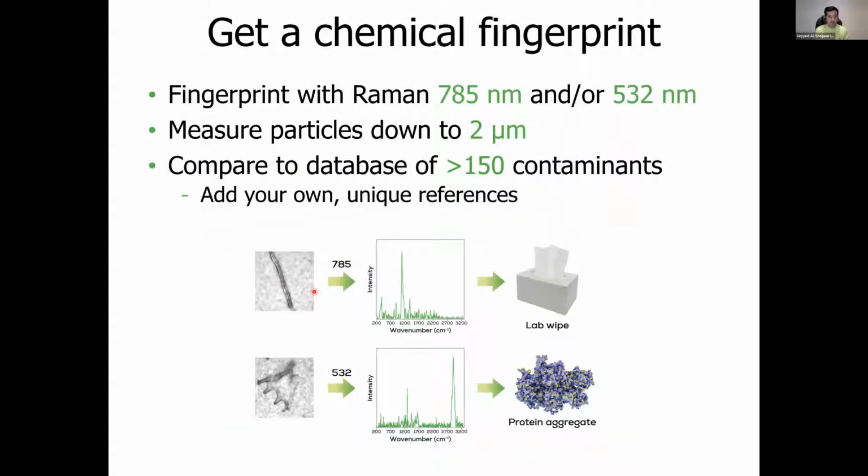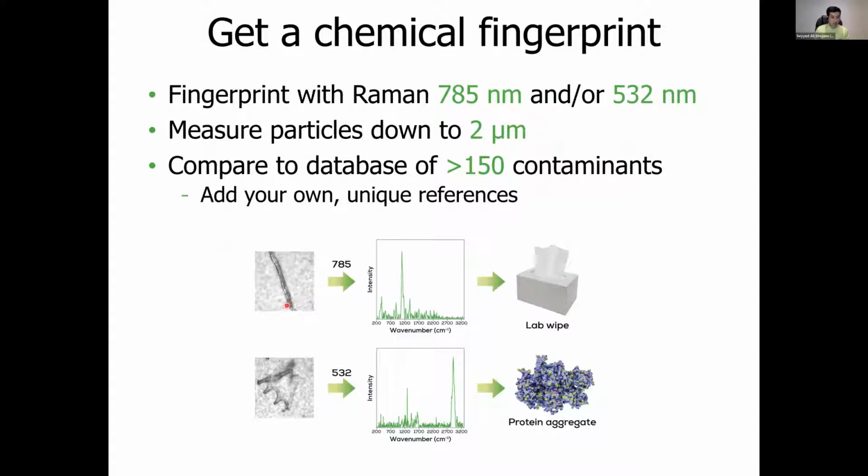Hound comes with a Raman spectroscopy capability with 2 excitation wavelengths, both 785 and 532 nanometer laser sources, that can measure particles down to 2 micrometers.